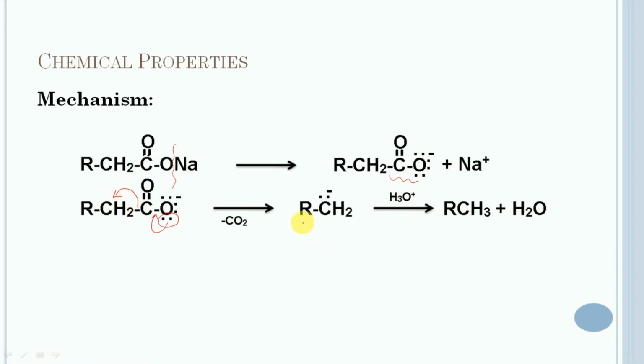So the carbanion will get formed. Then this carbanion, it get protonated to form the final product, that is hydrocarbon. So it is the mechanism for the decarboxylation.